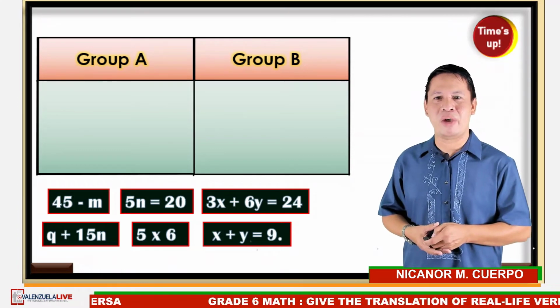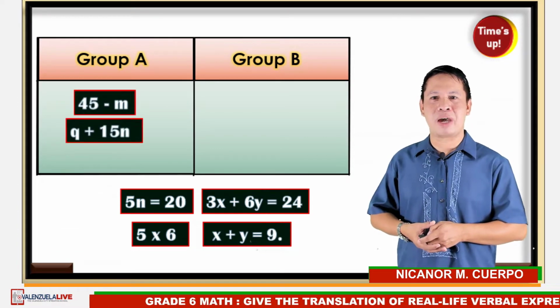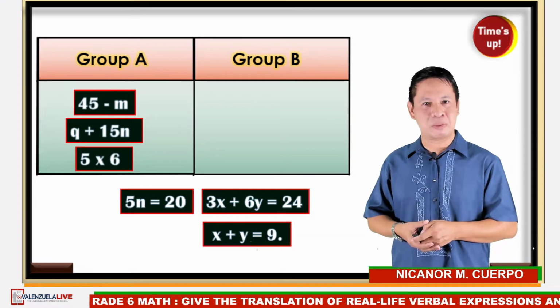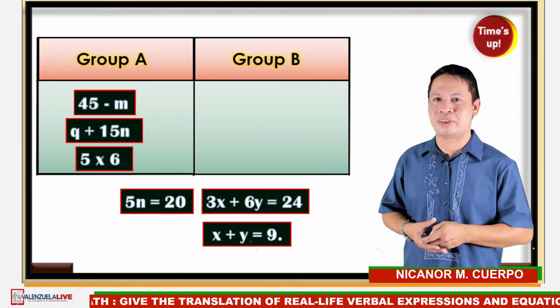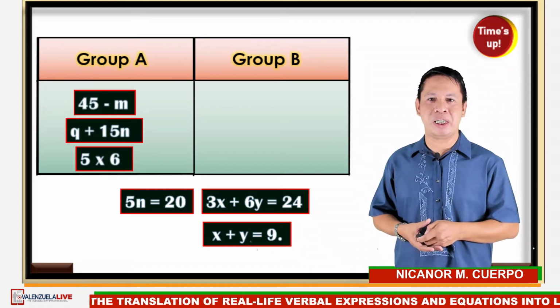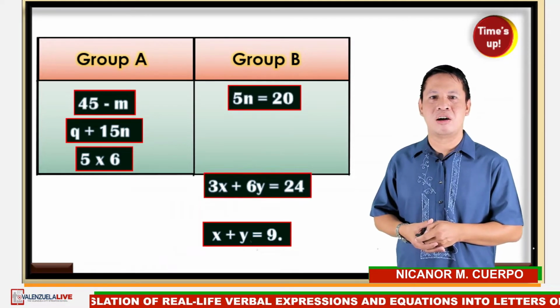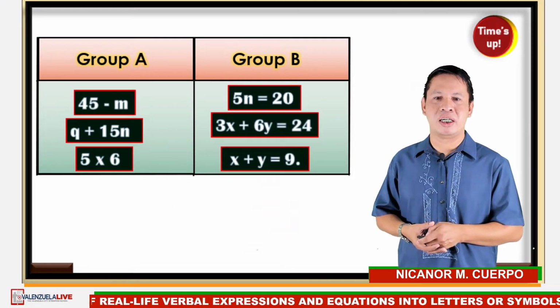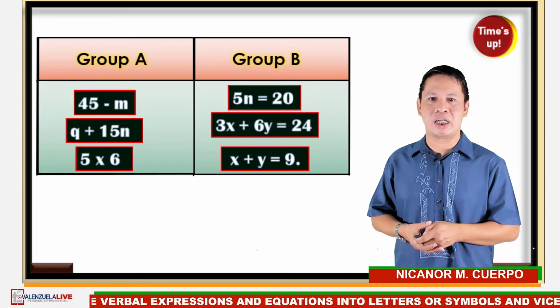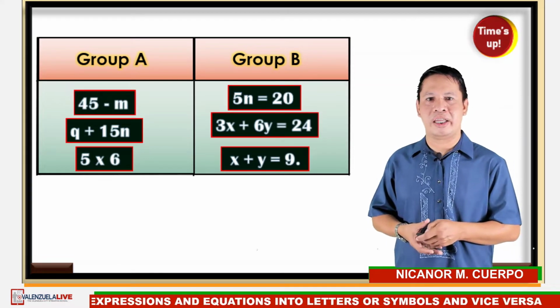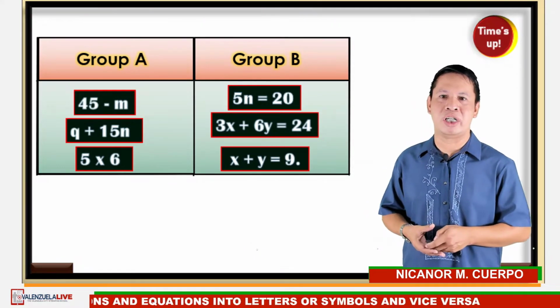For group A, we have 45 minus n, q plus 15n, 5 times 6. For group B, we have 5n equals 20, 3x plus 6y is equal to 24, and x plus y is equal to 9.